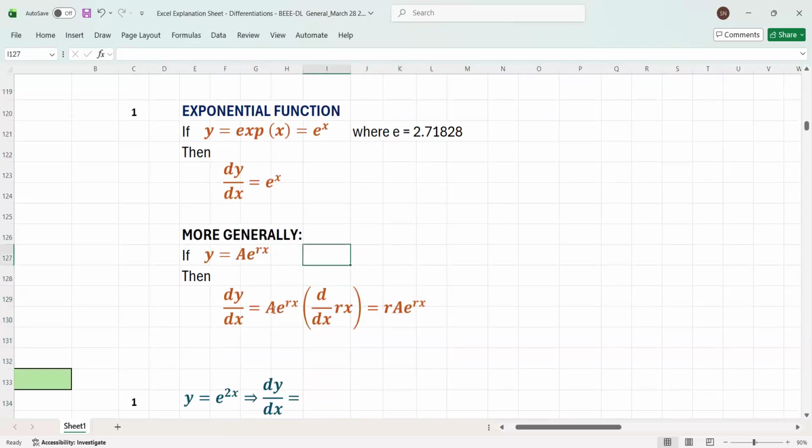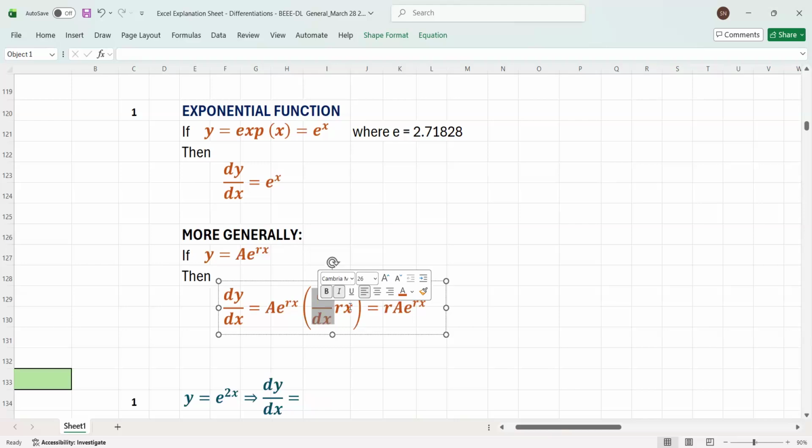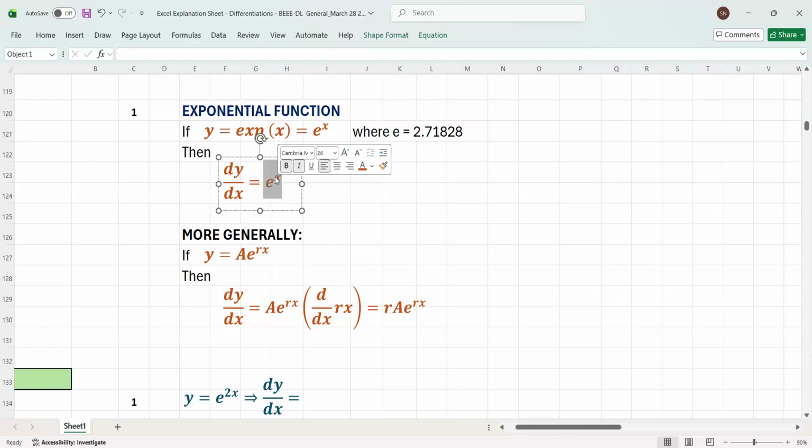First of all, you keep the original function, and then differentiate the power rx. If you differentiate rx, you will simply get r because x is raised to the power 1. So basically, all they are telling you is that if you have an exponential function, you differentiate the power to which it is raised if it's in terms of x, and let it multiply the original exponential function.